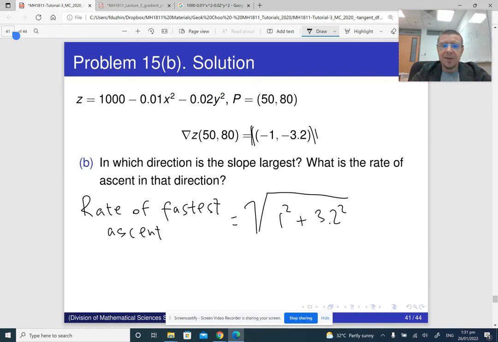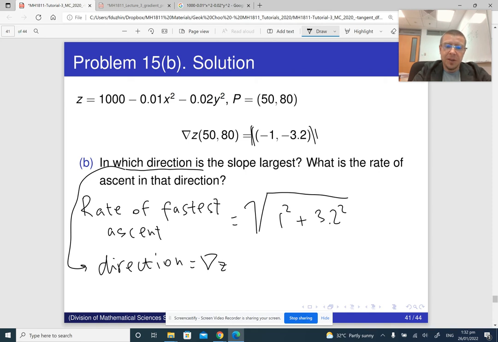And the direction in which the slope is the largest is just the gradient vector at the given point, divided by its norm to make it a unit vector.